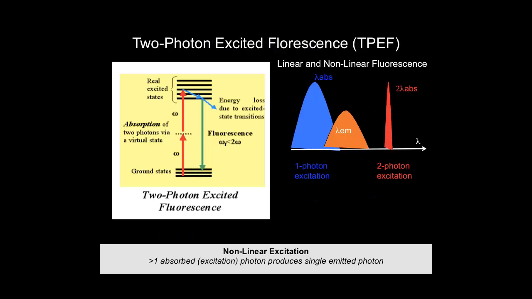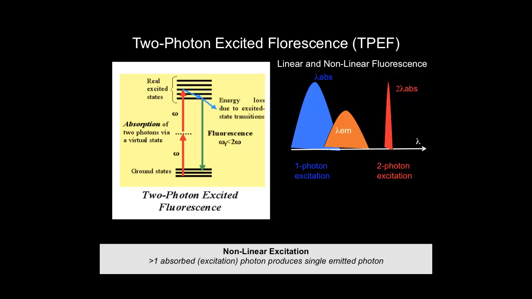And that gets me to the Jablonski diagram of the two-photon fluorescence, where in this process we have a simultaneous absorption of two photons. The molecule gets excited to a higher energy state.